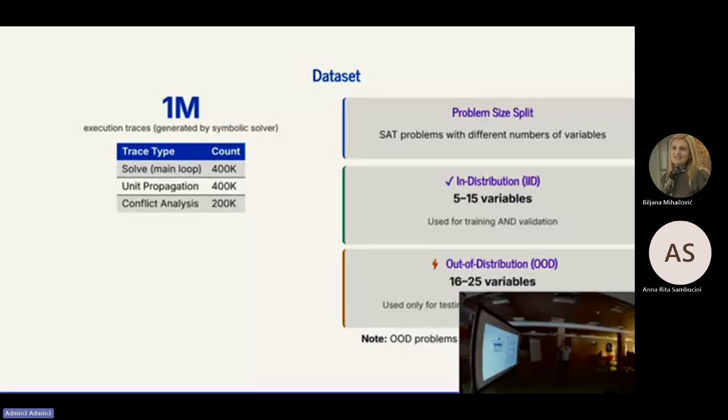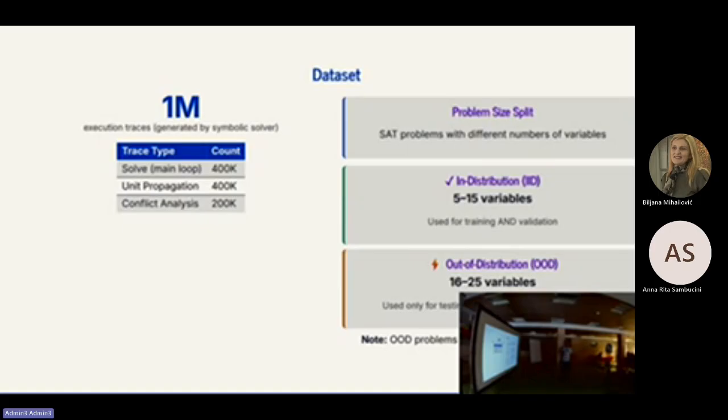We have in-distribution training data, which is also used for validation and testing. And out-of-distribution data is only for testing the generalization. The difference between in-distribution and out-of-distribution is just the number of variables.